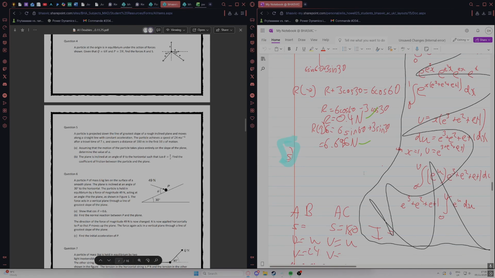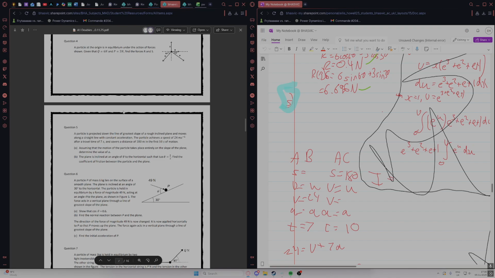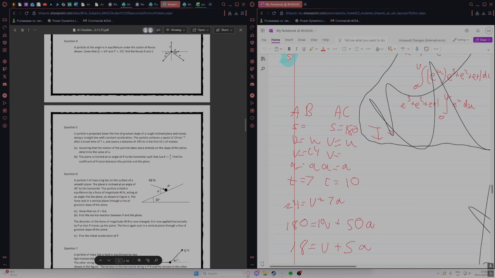Question 5, this is a classic question where it tells you one distance, and then it tells you another distance, and then you have to do a simultaneous equation.